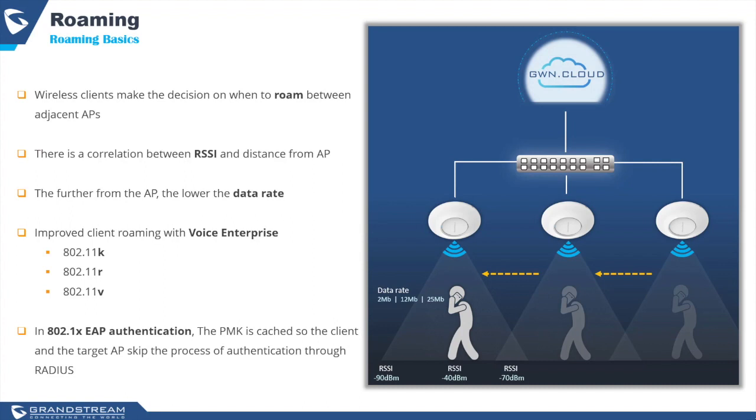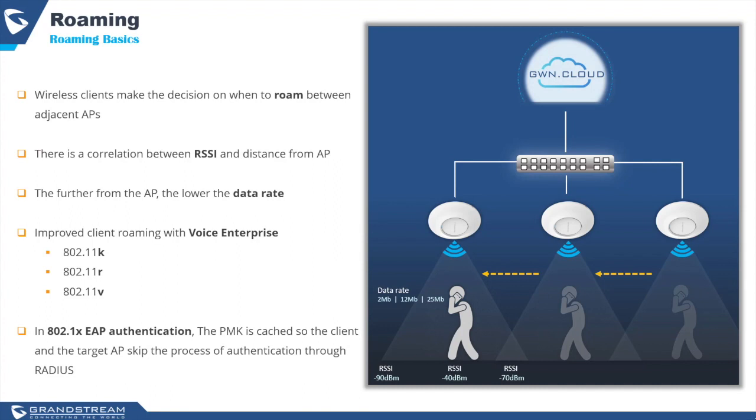GWN access points can improve the roaming experience by enabling voice enterprise. This feature significantly reduces the length of time required by the clients to switch from one access point to another access point during the roaming process. In normal circumstances, roaming using RSSI only can take between 300 milliseconds to 1 second to switch from one access point to another.